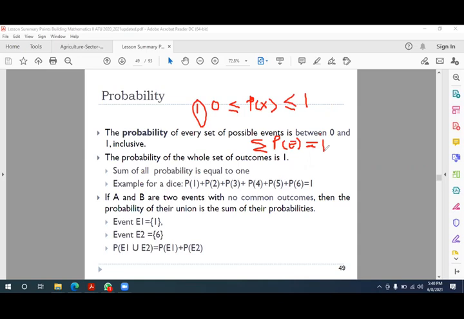So in very simple terms, if the possibilities from the weather forecast are sunny days and rainy days, if that is the only two possibilities from that experiment, then the probability of a sunny day plus the probability of a rainy day will always be equal to what? 1. And that is what we are saying here. Very good. Now let's proceed.